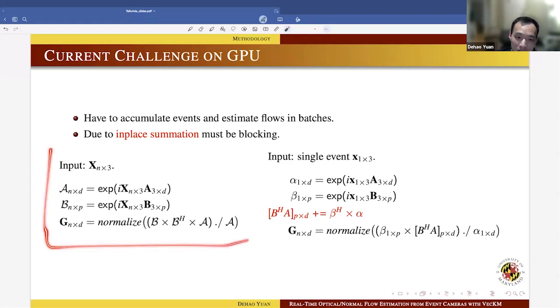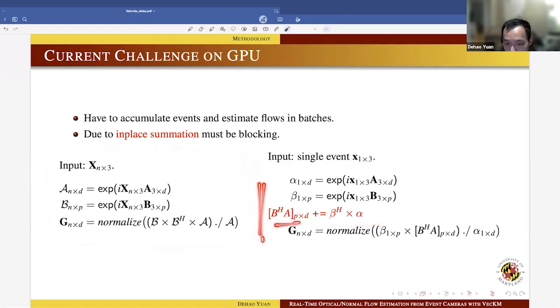If you want to write it as an iterative prediction, you get the events sequentially, one by one, and you need to keep track of this B Hermitian A matrix. You need to iteratively update it, but this is very bad for GPU, because in GPU this must be blocking, so it cannot be done in parallel.